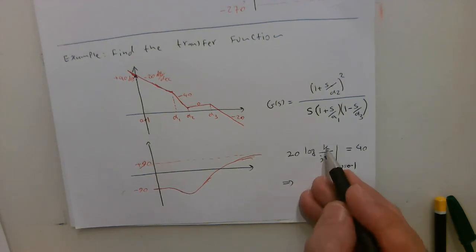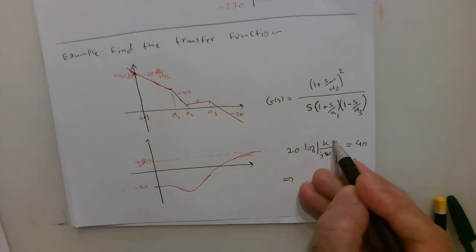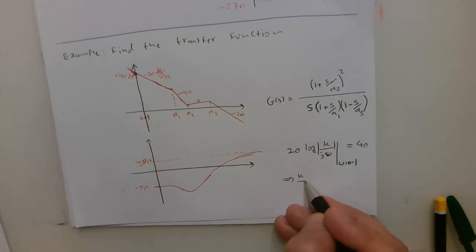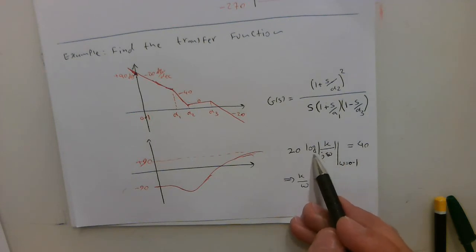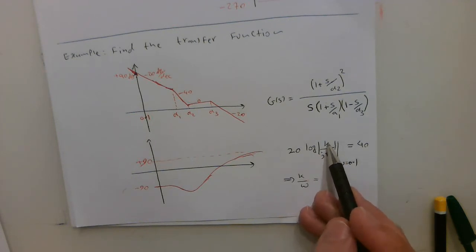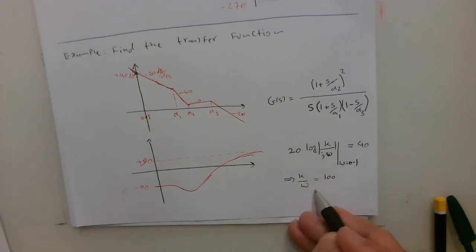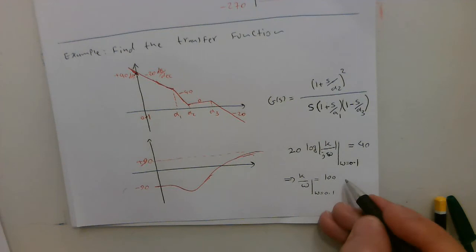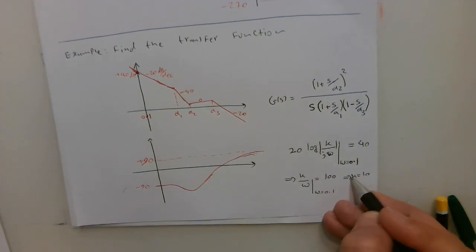Therefore the absolute value of k over j omega, I forgot this absolute value, so k over omega should be, since the logarithm of something is 2, that one should be 100, when omega is 0.1. Therefore k is 10.